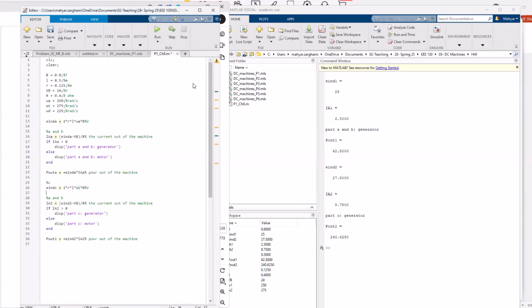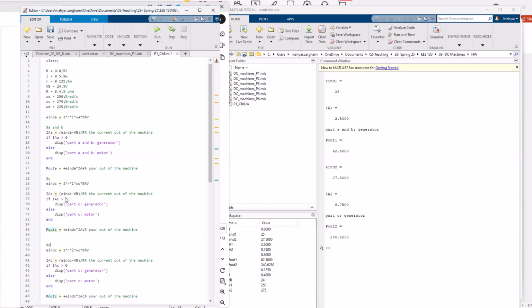This is omega C, IA part C, and so on for C. Now, in part D of the problem, we're going to change the speed to omega D. So this becomes omega D, part D, and so on for D. So this gives us the whole solution.